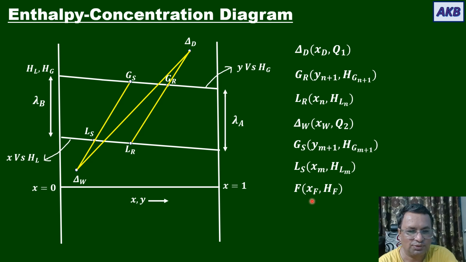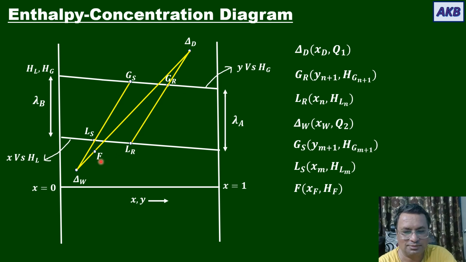So in order to get those points, delta D and delta W again lie on a straight line, and point F will be lying on the line that connects delta W and delta D. So depending on the condition of the feed, point F will be located, but it will always be located on the line delta W, delta D. You have to note that.